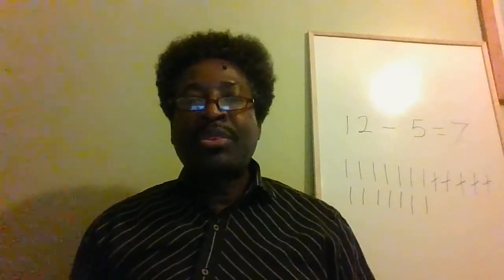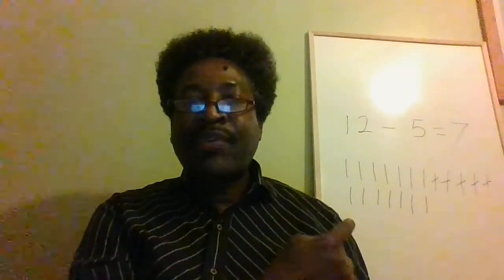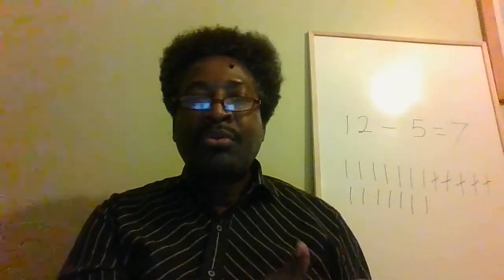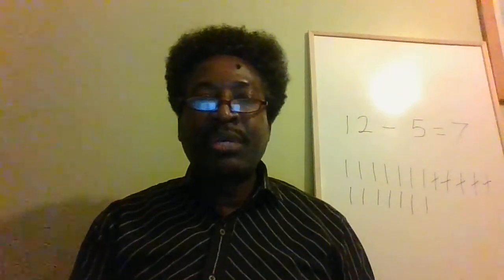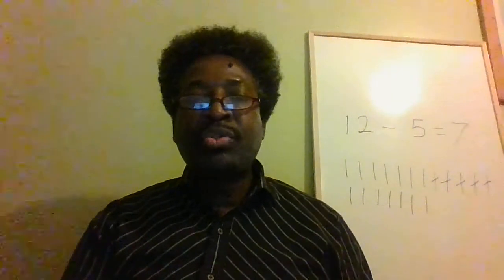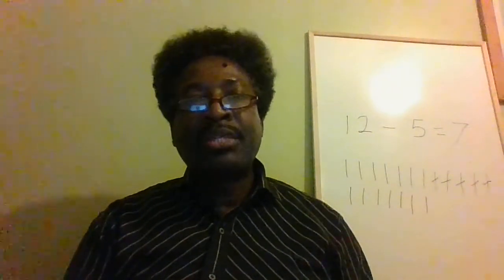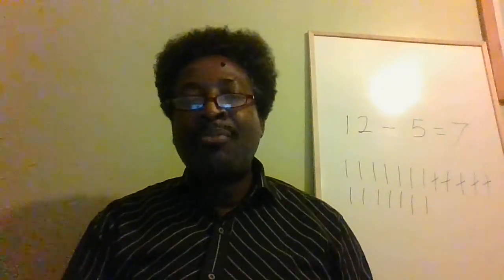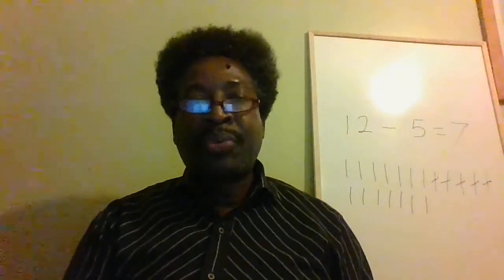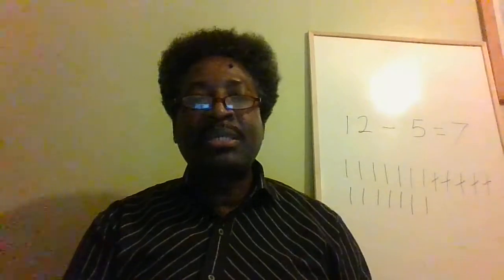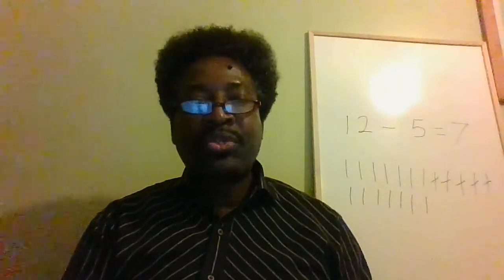For other methods of taking away, that first way I just showed you would help you understand those other methods, if you decide to use them, or if you've learned them somewhere else. Maybe I could touch on those other methods, not necessarily in this lesson, but maybe in future lessons.